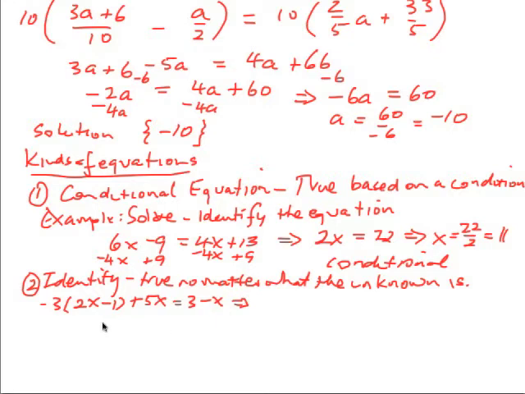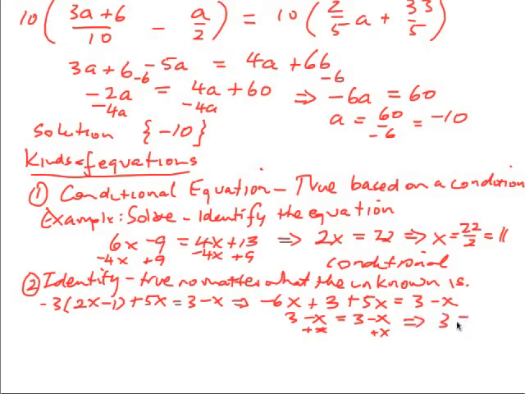This implies that if I distribute here, I'm going to have negative 6x plus 3 plus 5x is going to be equal to 3 take x. Now if I combine these, I'm going to have 3 take x is equal to 3 take x. If I add x to both sides, this implies that 3 is equal to 3.